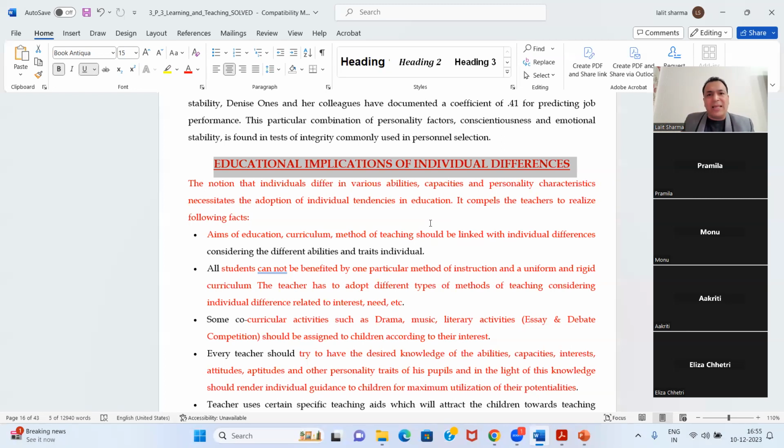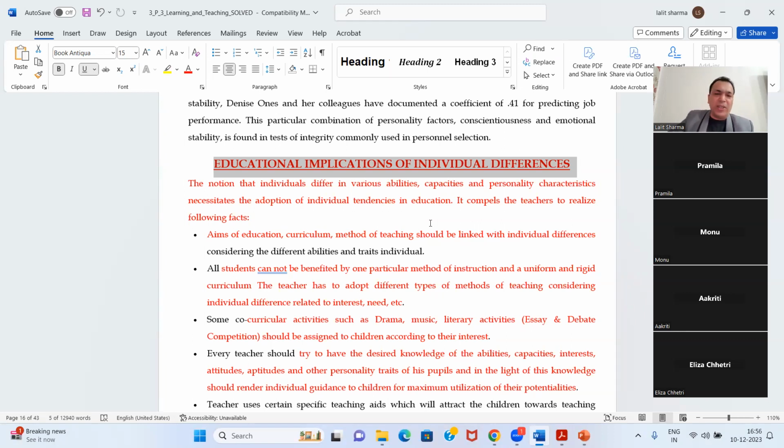If you are giving the lecture to 30 students, 30 minds are the different minds. Some are the average, some are intelligent, some are below average. Okay. Some having the good intelligence level, some having the less intelligence level. Okay. Some understand the concept by giving the example, some understand the concept directly, right?